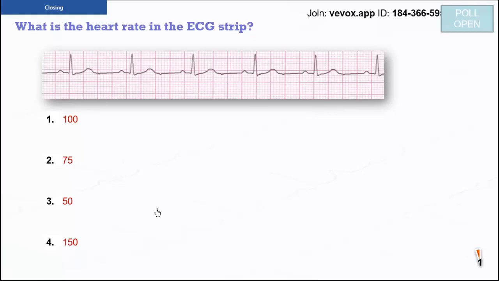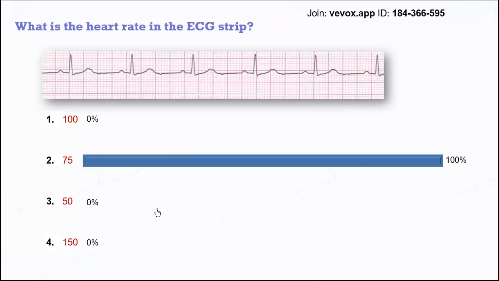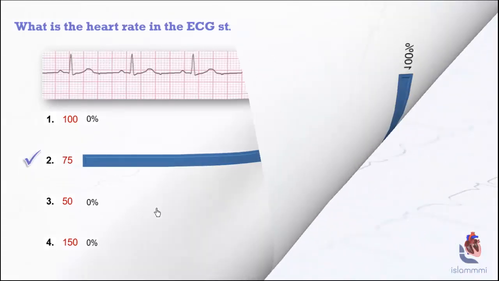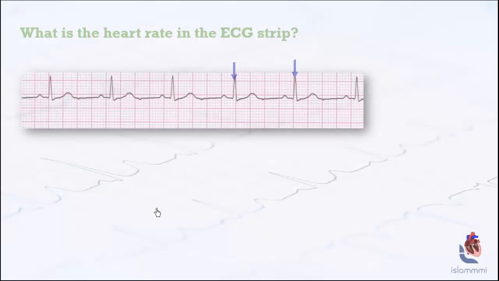Excellent. So why is 75 the correct answer? Because as we said before, if we locate one of the R waves here, because this is regular, we need to know how many boxes are in between: 1, 2, 3, 4. So 300 divided by 4 is 75. So this is normal.